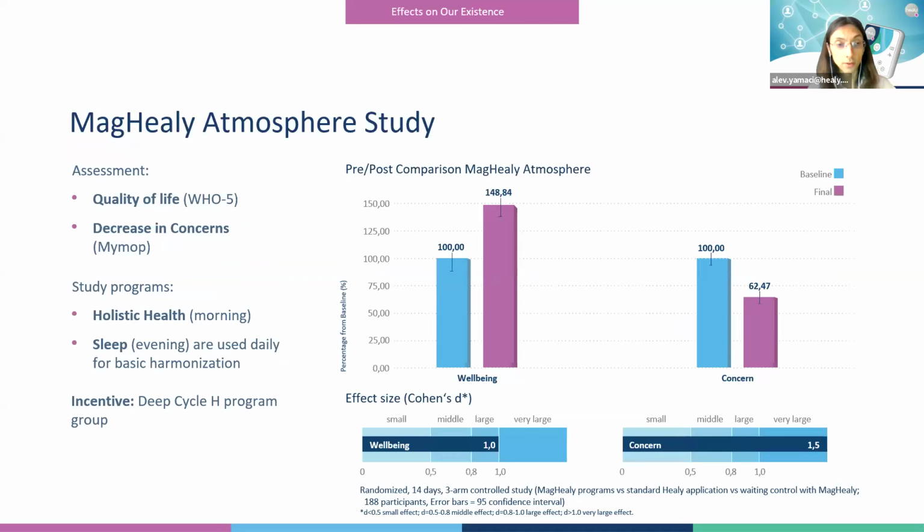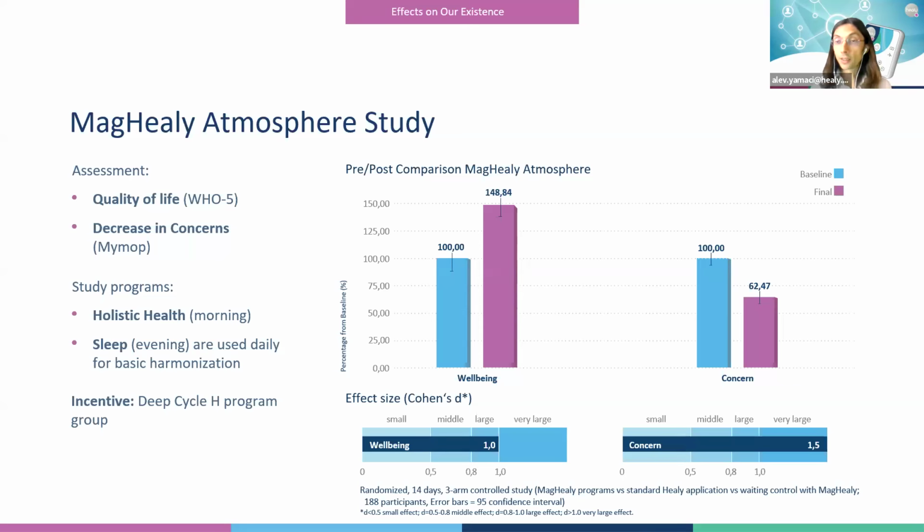We also did a study on the atmosphere programs. There we asked for the quality of life and for the decreasing concerns. I maybe need to explain the decreasing concerns, that's the MYMOP, which is basically: before a study, we asked the participants, what issues do you have?